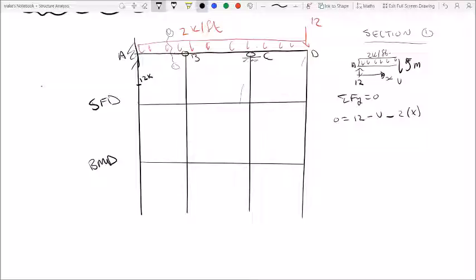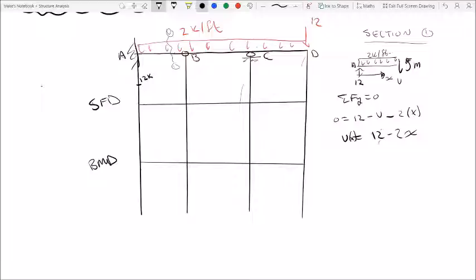And that's going to be the total downward force, the area underneath the UDL. So now we can see that our shear force equation, V of x, is just equal to 12 minus 2x. Since we're interested in the shear force at B and then the shear force at C, we can plug in the x distance from A to calculate those.